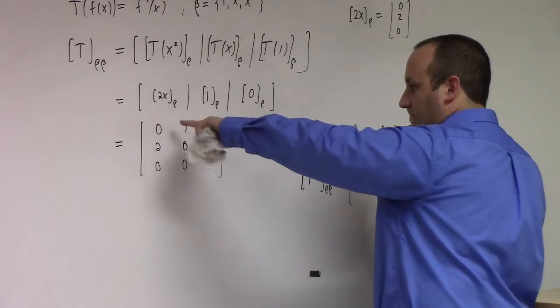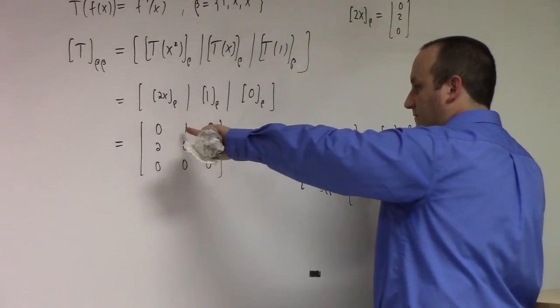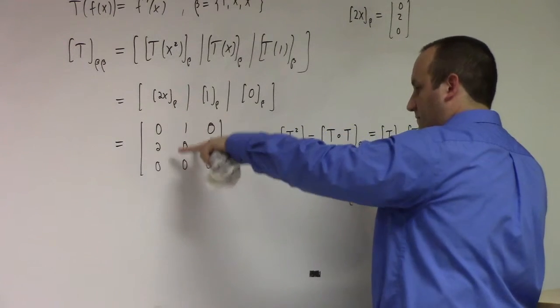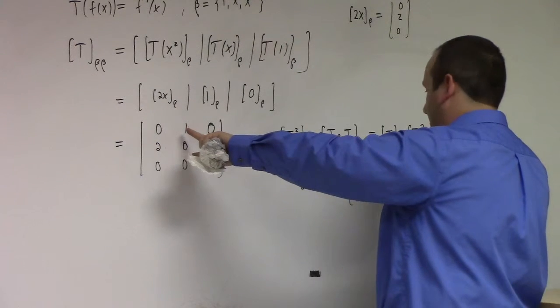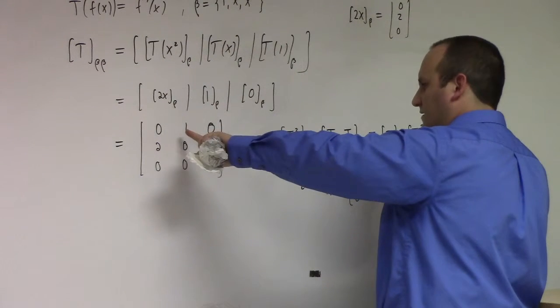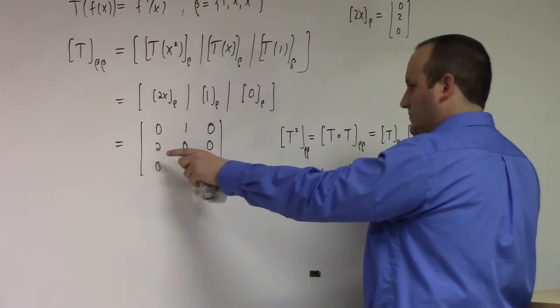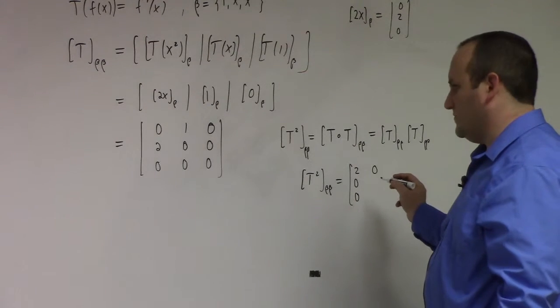Let's see what we get here. Looks like I get a 2 there, right? And what else do I get otherwise? Do I get a 2 again? Is that right? I think I get zeros, but you guys help me out.